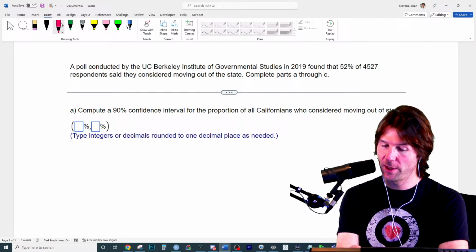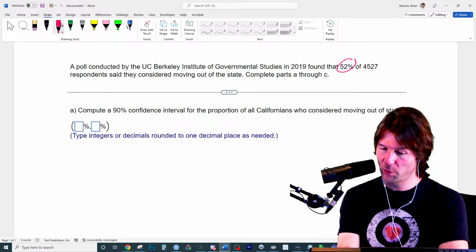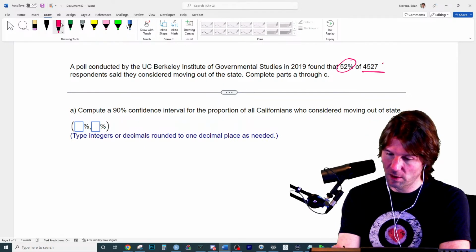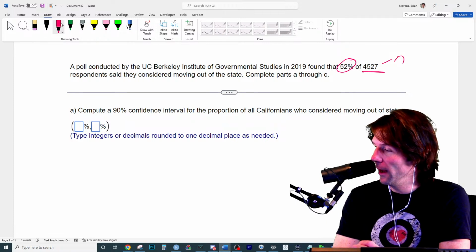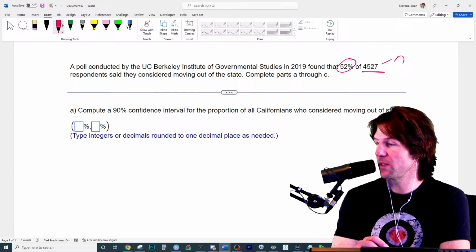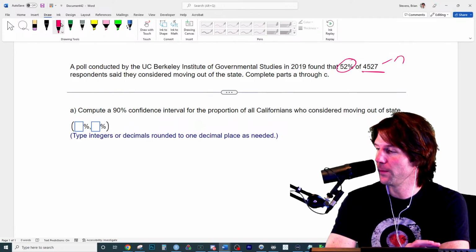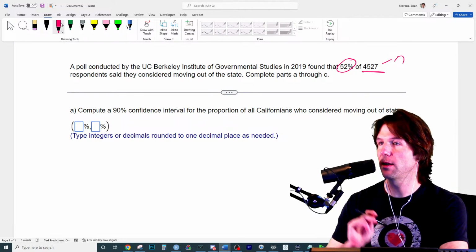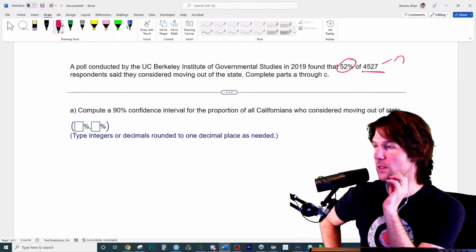52%. So a study found out that 52% of the respondents, that is N. So this is N. And 52% is not the R squared, not the correlation. 52% is the what? They said they are considering moving out of state.